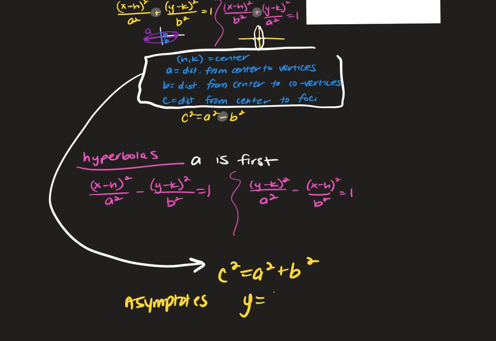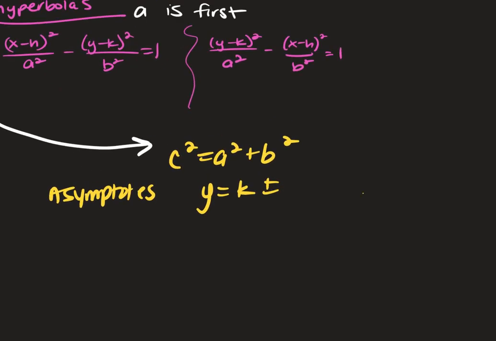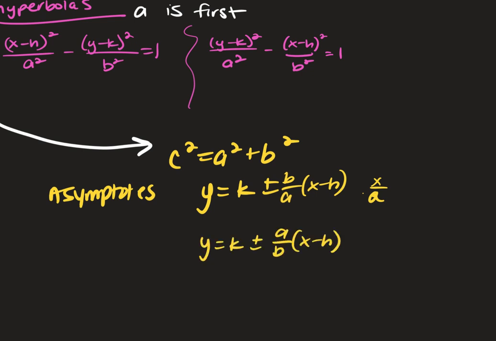If it's horizontal, so the x has the a, then y equals k plus and minus b over a, x minus h. And if it is the y that has the a, it's y equals k plus and minus a over b, x minus h.